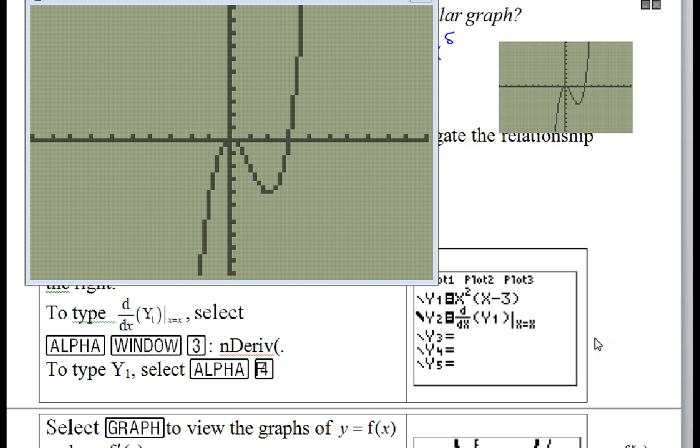The idea now here is I want to sketch the gradient function of this. Okay, gradient function. How do we do it? Wait, let me do something first.